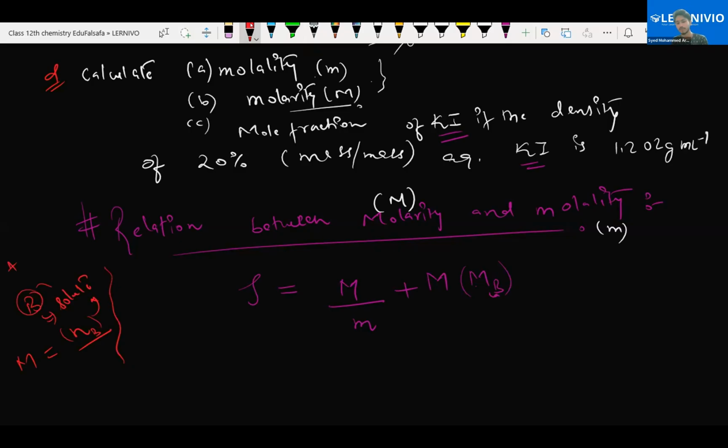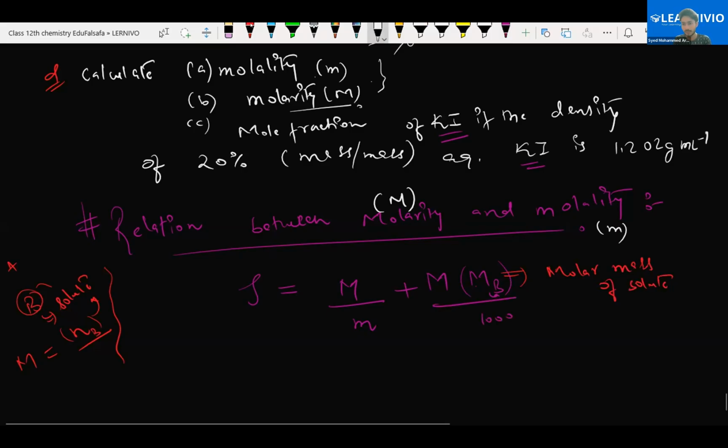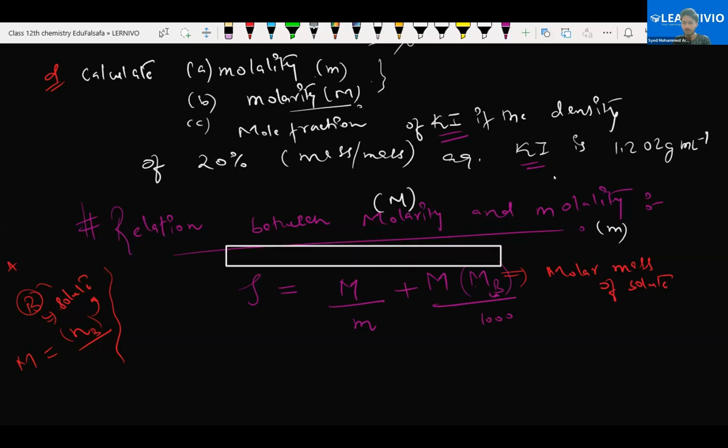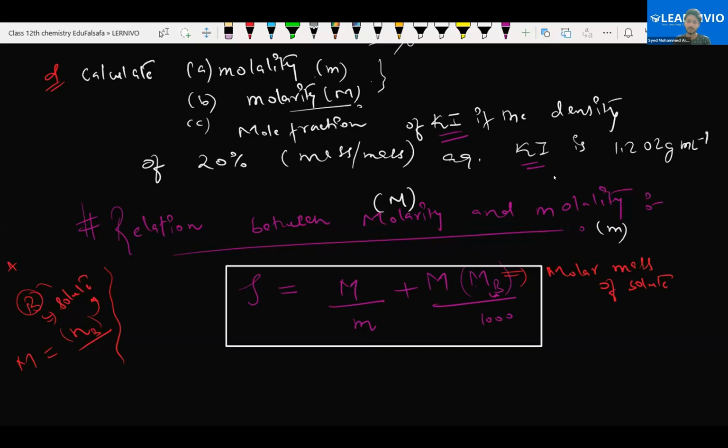So MB means the molar mass of the solute, divided by 1000. So this is the relation, and there is a derivation of it, but there is no sense in doing the derivation because there is no need in your syllabus.